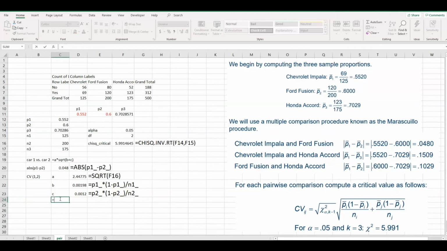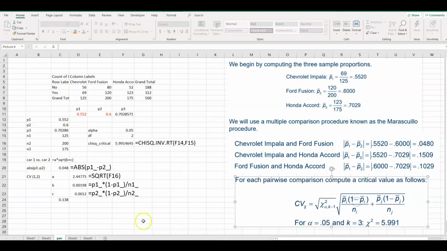Finally, our value is equal to A times the square root of B plus C. Then we got 1.38. So this is our 1.38, and now this is our decision.